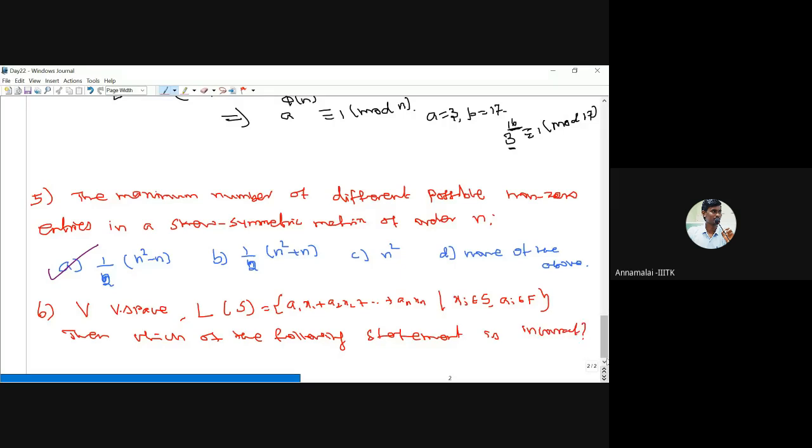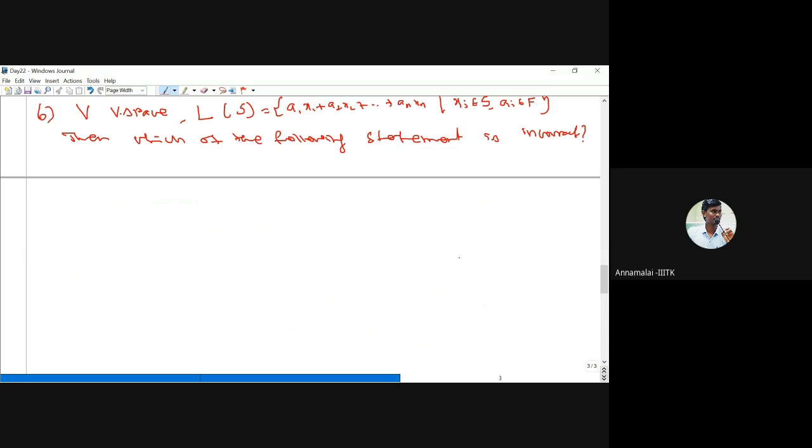So the first option, L of S is a subspace of the vector space V. And second, if A is a subset of B, this implies that L of A is a subspace of L of B.